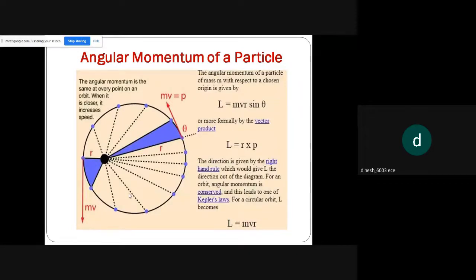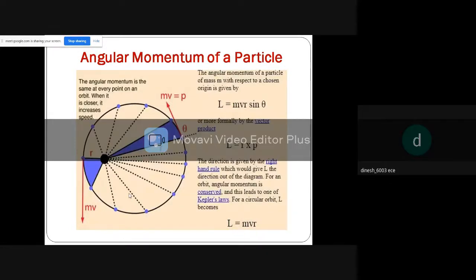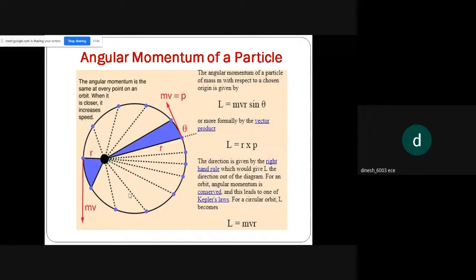That distance from the center to the planet's elliptical path is measured as r. And the mass is m.